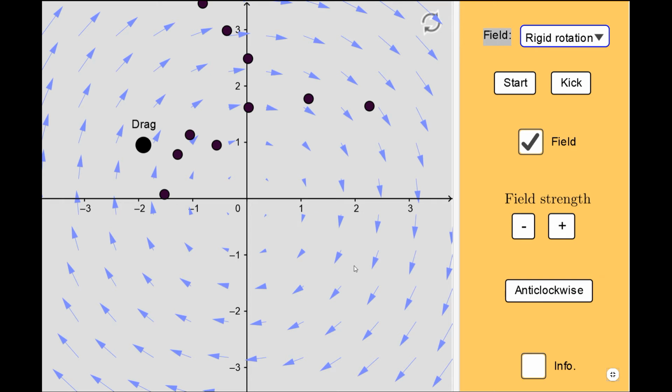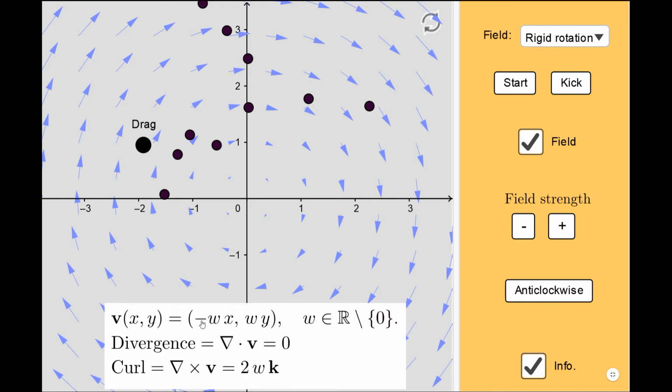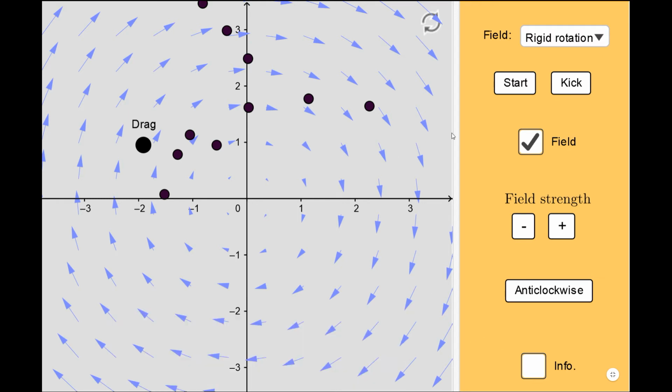This one here is something that we have. This is actually something similar to what we had before. Here's the field minus Wx, Wy for different values of W. And here it is.